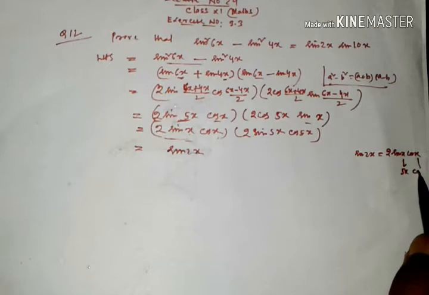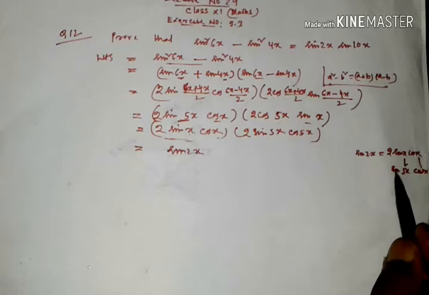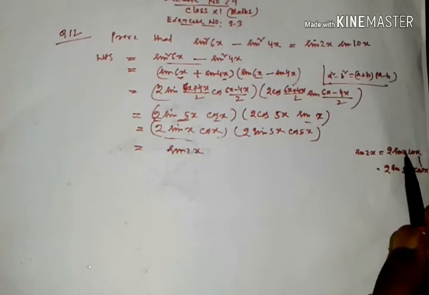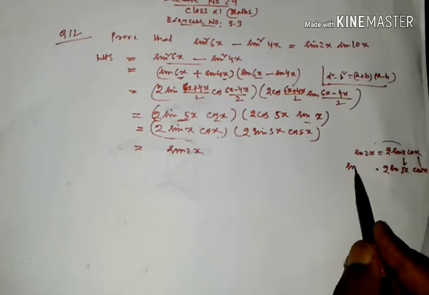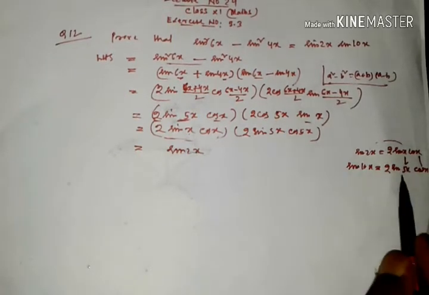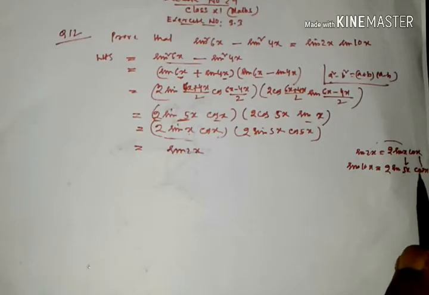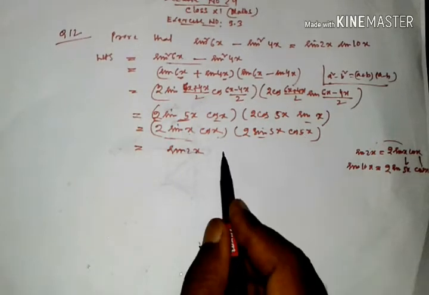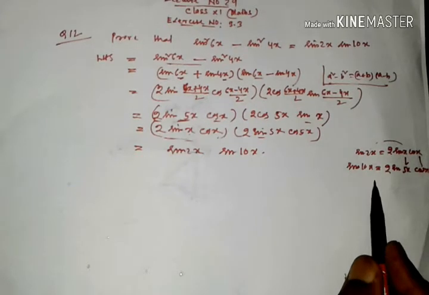If x becomes 5x, then 2 sin 5x cos 5x, when here it is x, here it is double of x. Therefore this is sin 10x. So 2 sin 5x cos 5x we write as sin 10x. From this we have got the result.